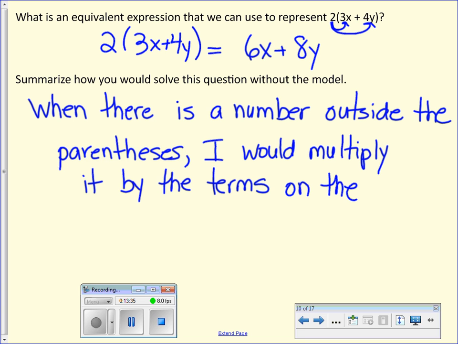That's a little bit easier. So when we multiply everything inside the parentheses by the term on the outside of the parentheses, it's nice. We knew with doubling we multiplied it by 2. If we had to triple it, we'd multiply it by 3. But we're talking with variables. Sometimes we don't know what we're going to multiply it by.